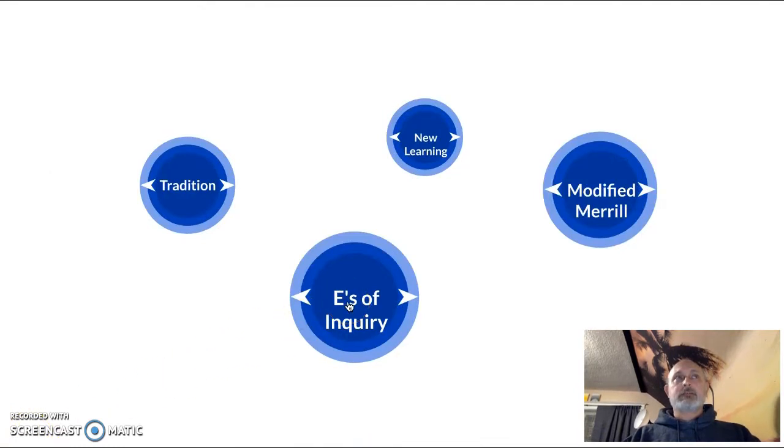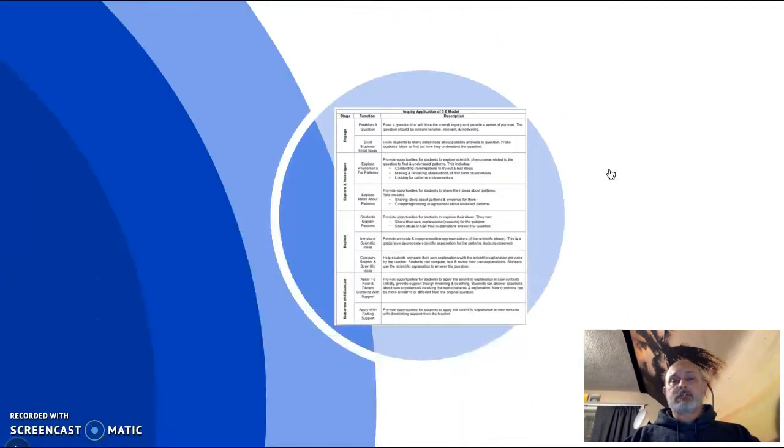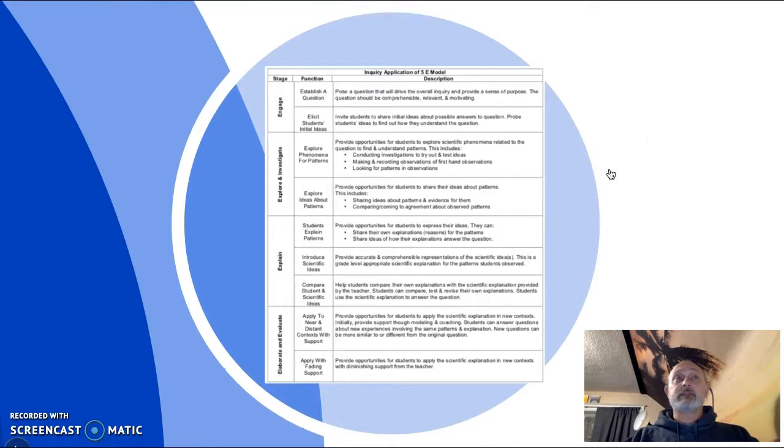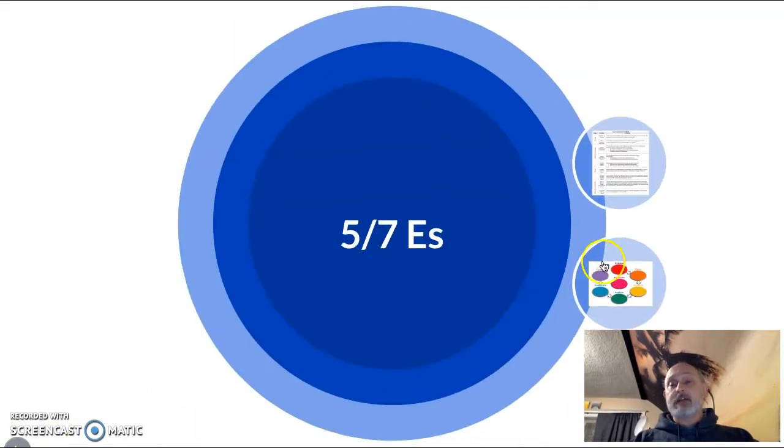More recently, I've been using the 5E or the 7E toolkits for science. They've been especially applied or encouraged to be applied when teaching inquiry in science education. There's an example of the 5E, or an explanation of the 5E models.